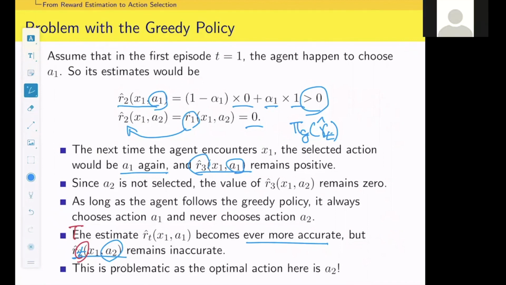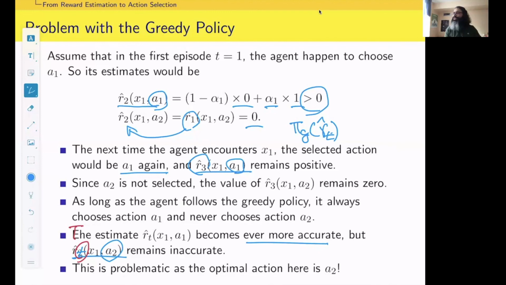Okay. If we start from a higher value for all of them, then even if we choose a wrong action, the estimation will just decrease. Yes, so it will be less preferred.